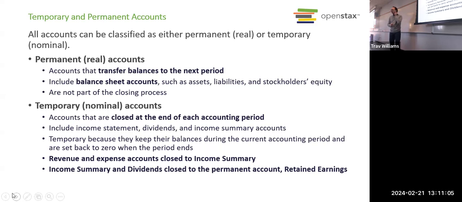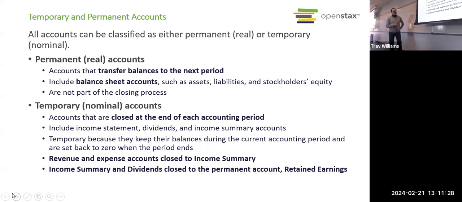And the way that we do this, when you get to the end of the period and you close out your revenue and your expense accounts, you're also creating your income statement, right? Which is based on your revenue and your expenses.